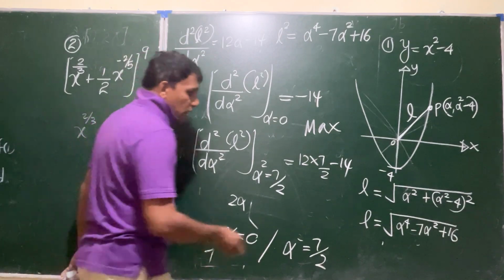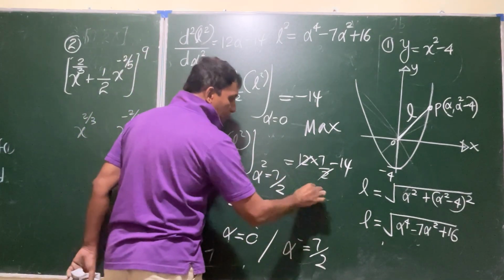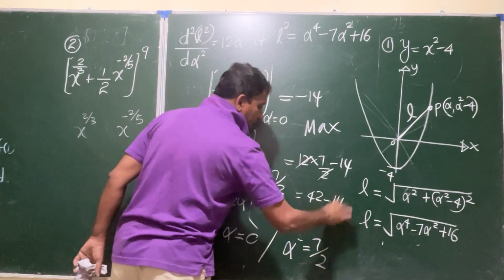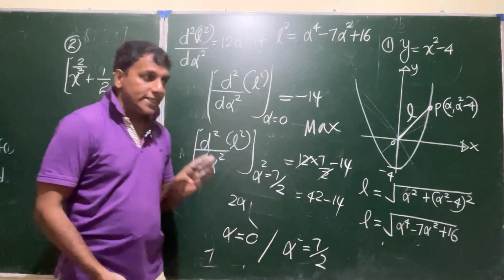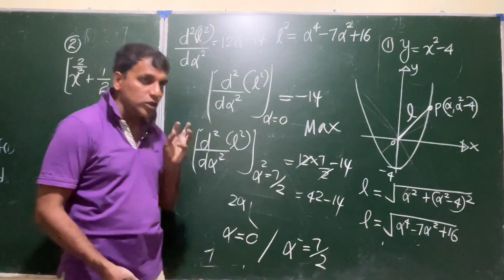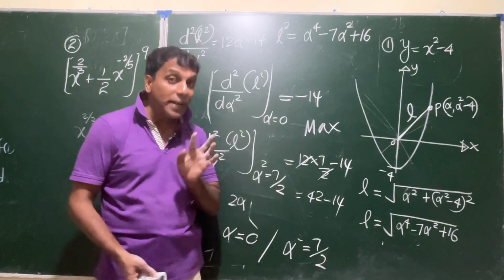Okay, simplify: 42 minus 14. The answer is positive. The second differentiation becomes a positive sign. Then we call it minimum, right?